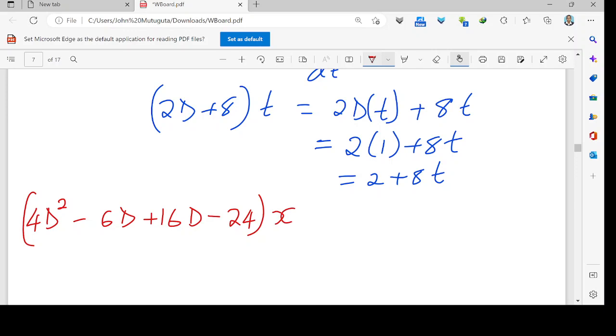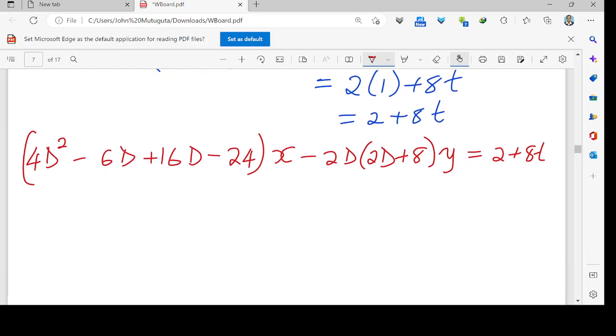This operates on x, then minus 2d operating on 2d plus 8 operating on y is equal to 2 plus 8t.